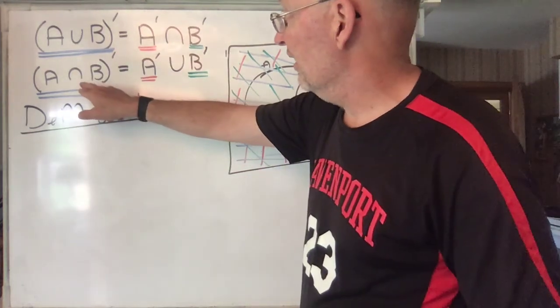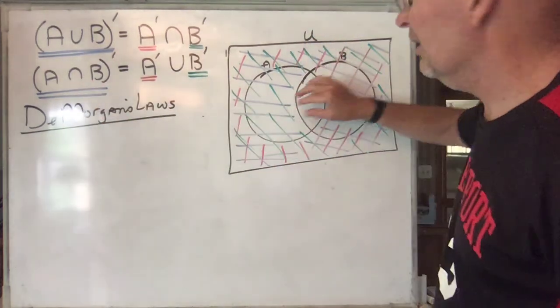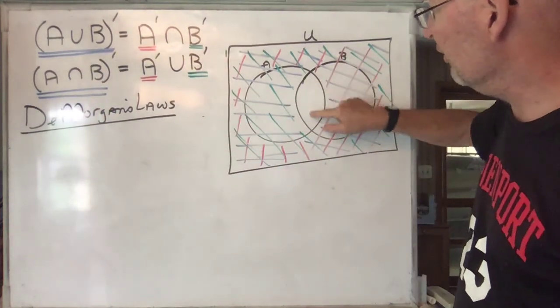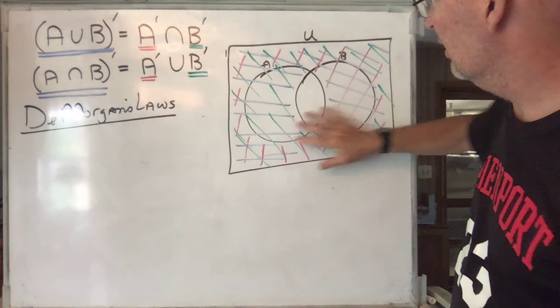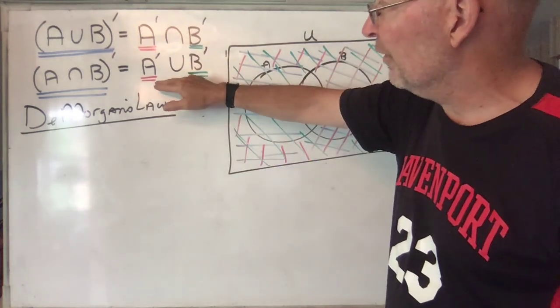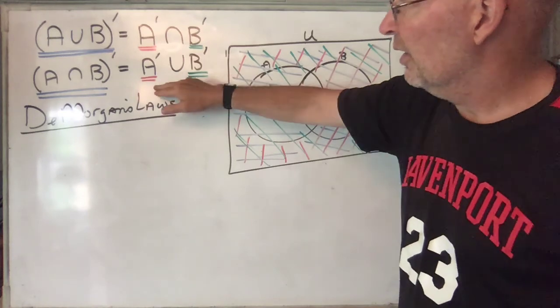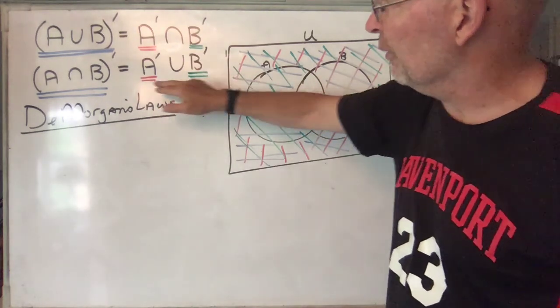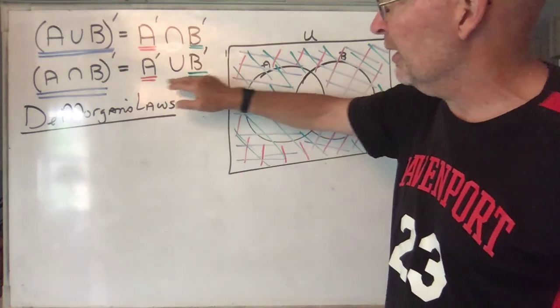Okay, let's check ourselves out again. This set here is what? It's everything on the left-hand side. It's everything that's not in this little intersection. So that's the blue. Now what do we have here? We have the union of two sets. So the union of two sets means all you have to do is be in one or the other one. See that? You don't have to be in both, one or the other.